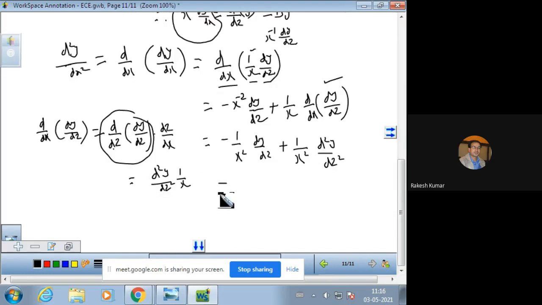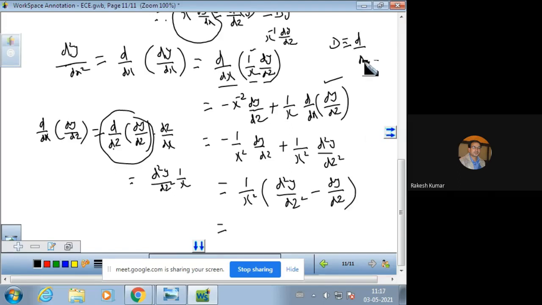Now 1 by x² can be taken common. Inside we shall have d²y/dz² minus dy/dz. And we know that D is the differential operator, that is d/dz. So you just need to put the value, and it comes out to be 1 by x² into D²y minus Dy.